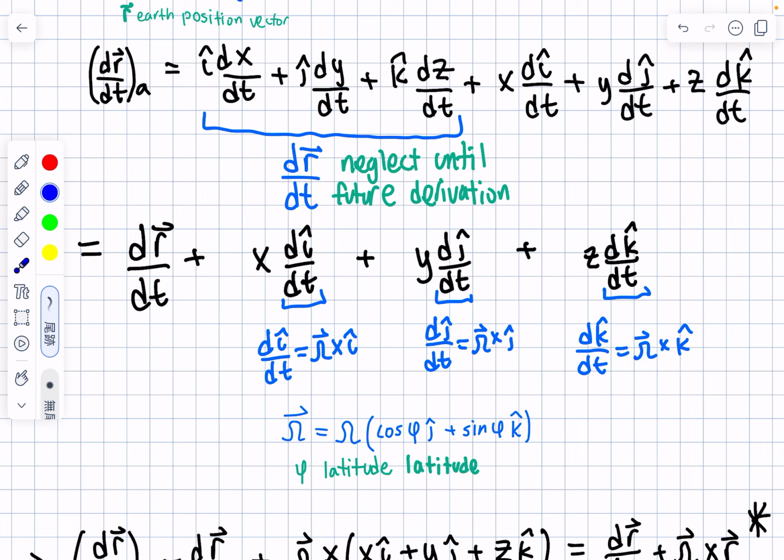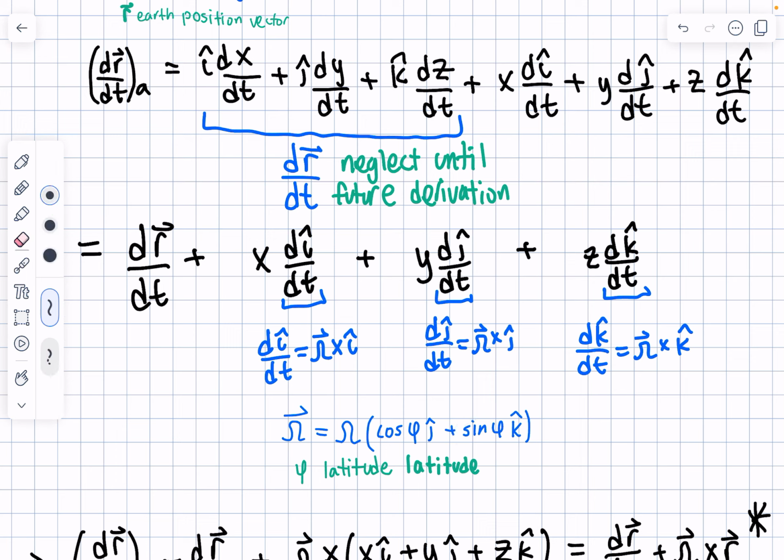And we have that omega vector is equal to omega, which is the rotational radians per second, so how much the angle changes per second of the Earth rotating on its axis. And it has a direction cosine latitude, so this phi symbol is latitude, in the j direction, plus sine of latitude in the k direction.